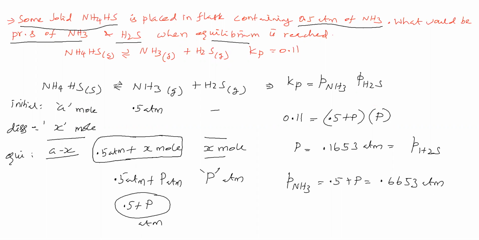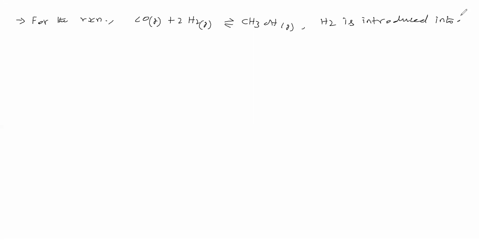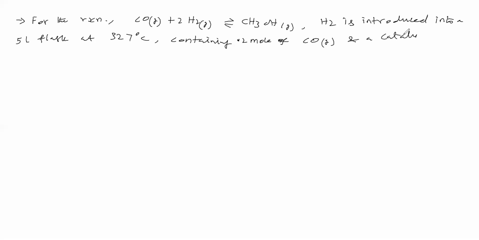Okay, let us go to the next sum. For the reaction CO gas plus 2 times hydrogen gas gives methanol gas, hydrogen is introduced into a 5-liter flask at 327 degrees Celsius, containing 0.2 mole of CO gas and a catalyst, till the pressure is 4.92 atmosphere.